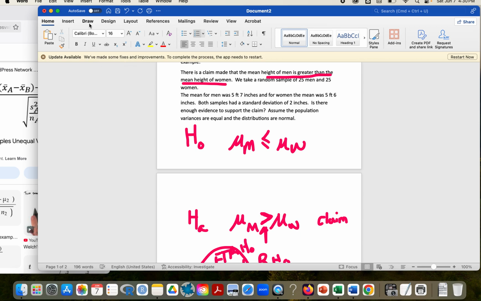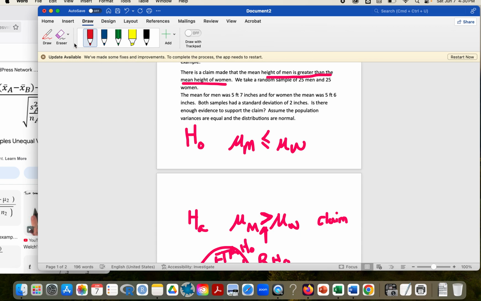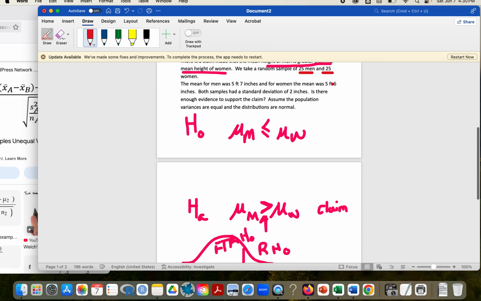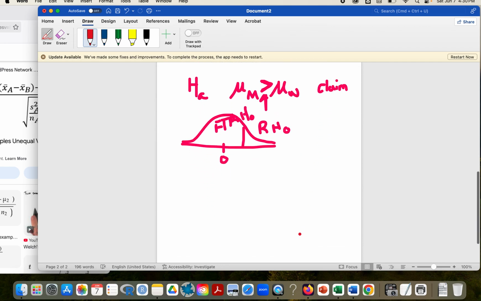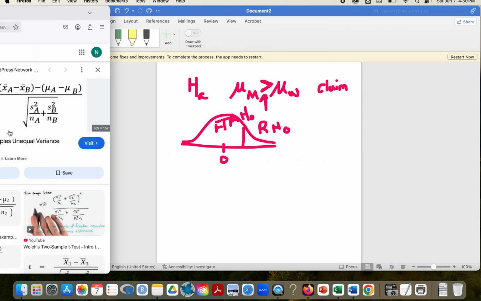So we have 25 men and 25 women in our sample. We're going to add those, get 50, and then subtract 2. So our degrees of freedom will be 48.